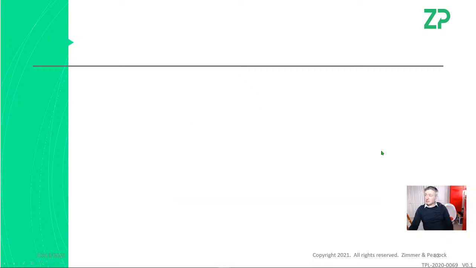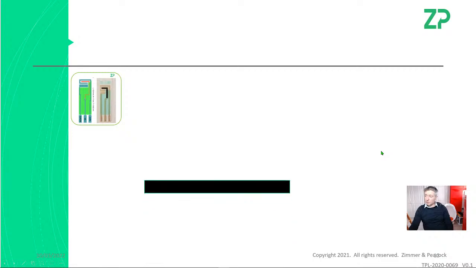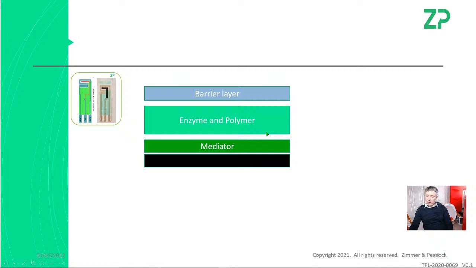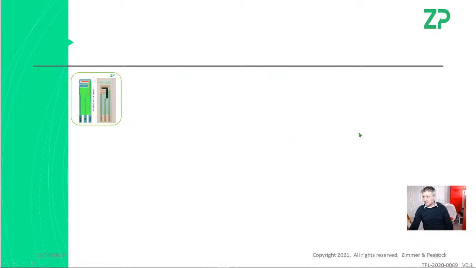The kind of sensors that this mode is often used with is something like a glucose sensor, where you might have an electrode, a mediator, an enzyme layer on it, which for example could be glucose oxidase, and a barrier layer to somewhat protect the enzyme and not necessarily let all of the analyte get to the enzyme sensing layer.